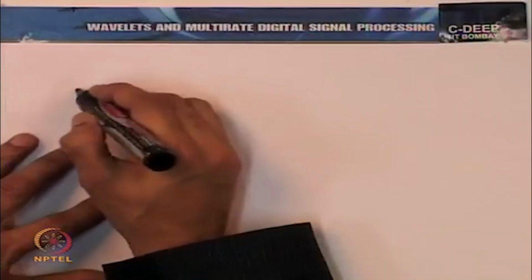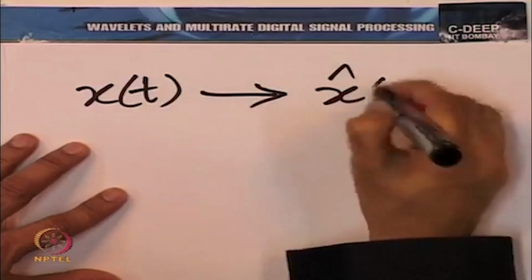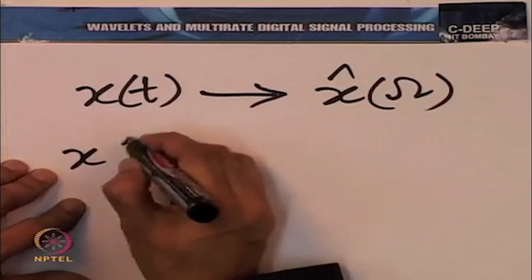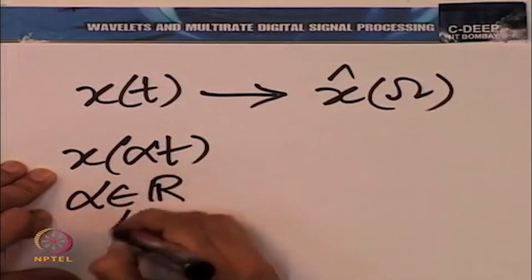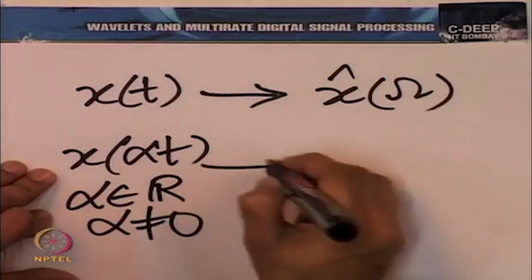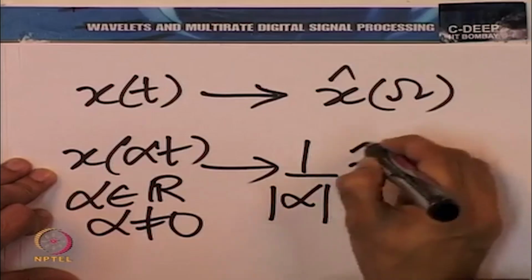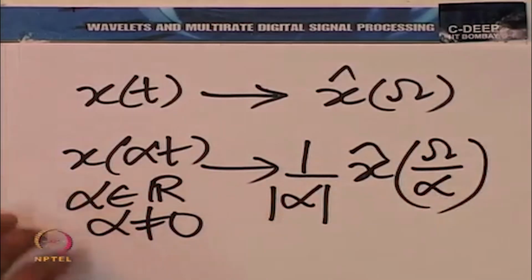So, what we are saying is, if x t has the Fourier transform x cap omega, then x of alpha t with alpha a real number, alpha not equal to 0, has the Fourier transform 1 by mod alpha x cap omega by alpha. Here it is alpha, here it is mod alpha.